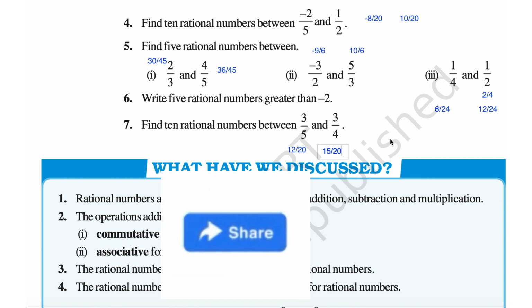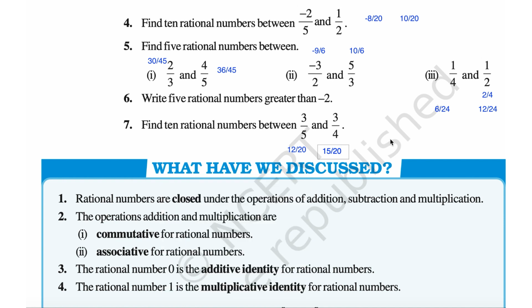You need 10 rational numbers. How many are already there? 13, 14. Only 2 rational numbers are there. So multiply with 4, that will do.